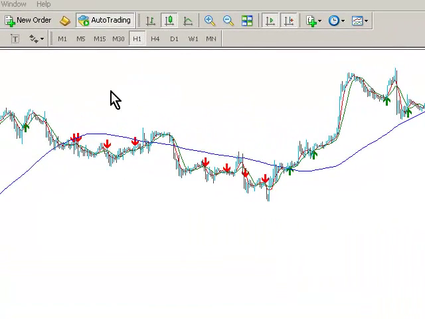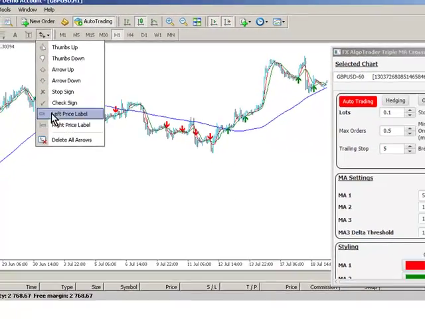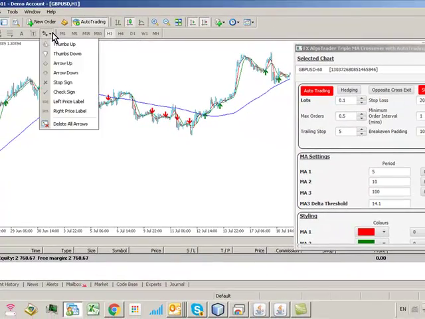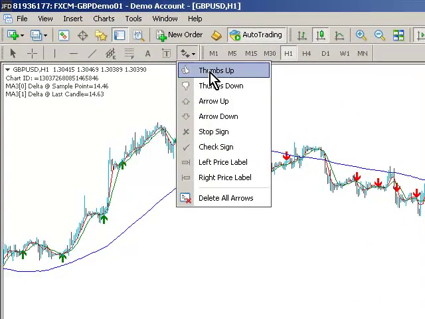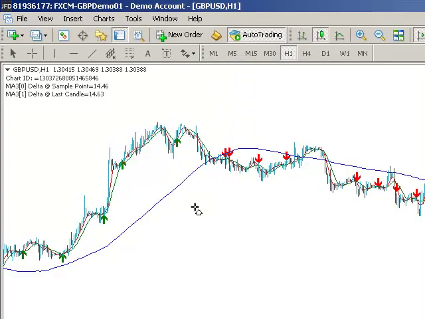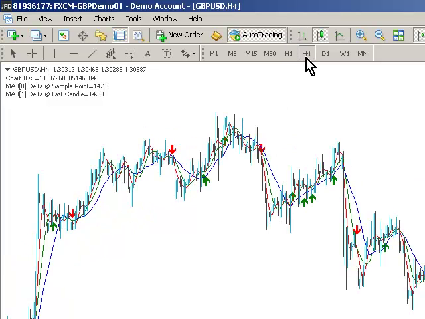So there you go, folks. Once again, you can check sign. Don't use thumbs up, arrows up. It's got to be a check sign, so the tick is looking for that specific arrow code. Go to any time frame you like. You're looking to trade.